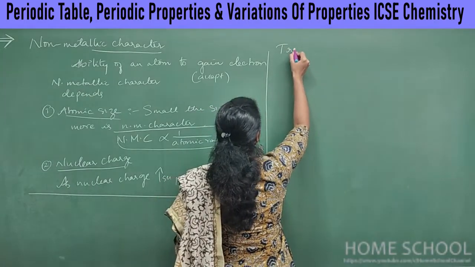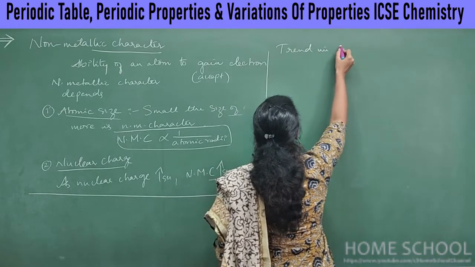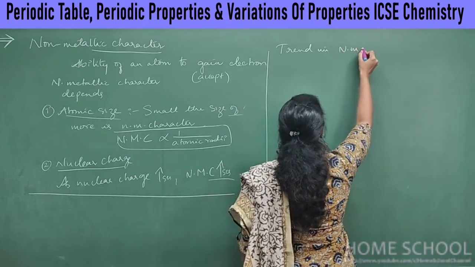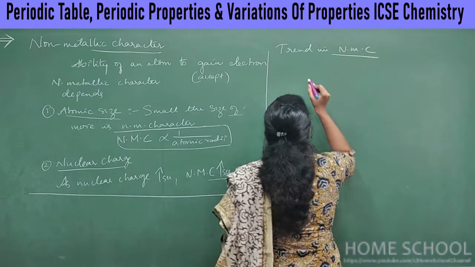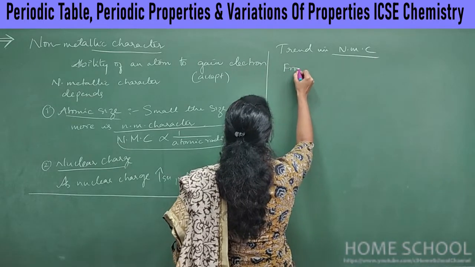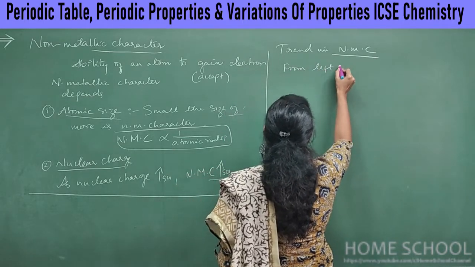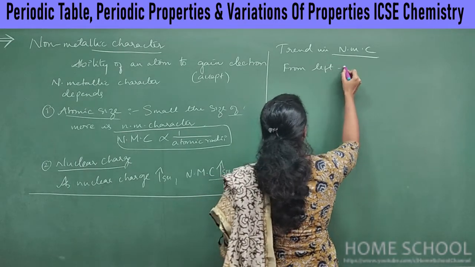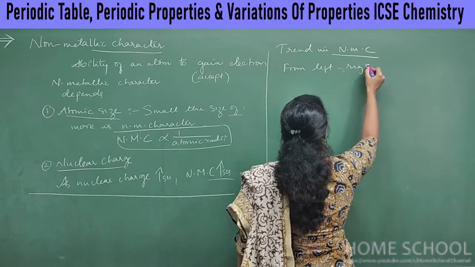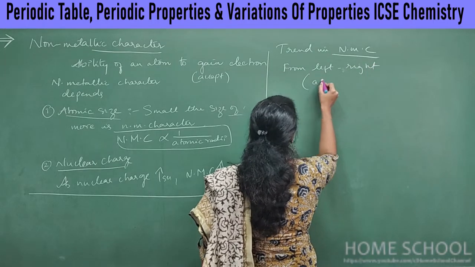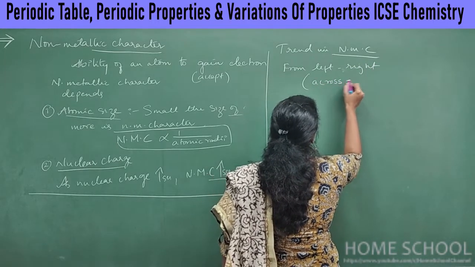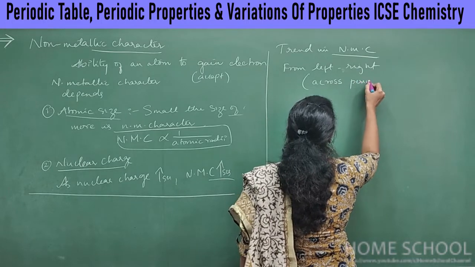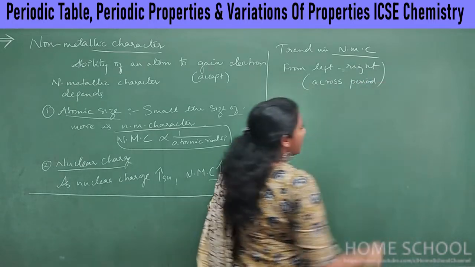Trend in non-metallic character. From left to right in a periodic table, that is, across a period, what happens to atomic size?